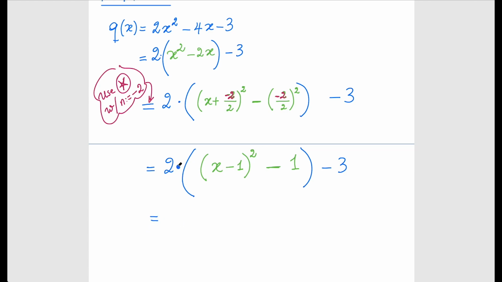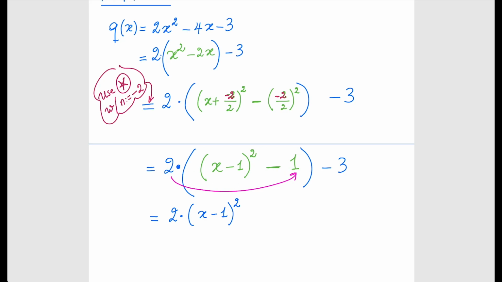I'm distributing now the multiplication with respect to subtraction. So 2 is gonna be multiplied with this, right? And what's 2 times this? It's 2 times the quantity x minus 1 squared, right? And 2 is gonna also be multiplied with the negative 1, right?